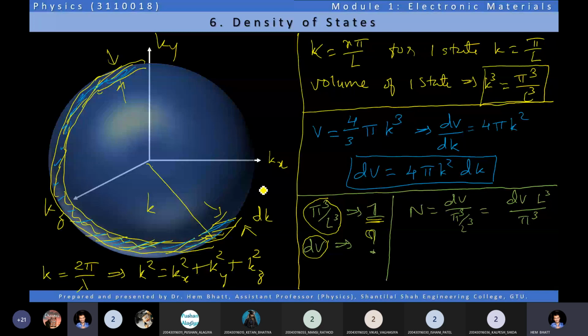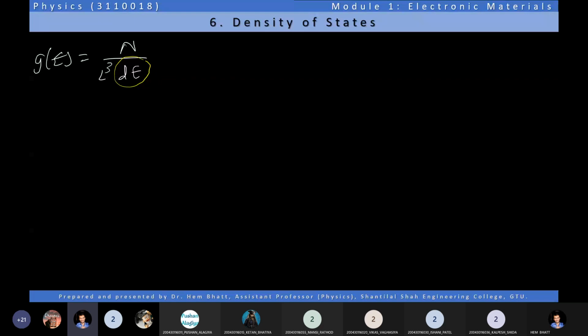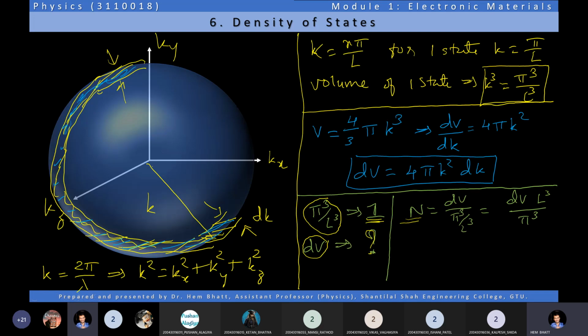Because look at the equation of G of E. What is n in this? What is n? Total number of states. Right? And see here I am getting total number of states. So I will substitute dv here. If I substitute dv, what will I get for n? Let me make two corrections. Let's take L cube to the left side.